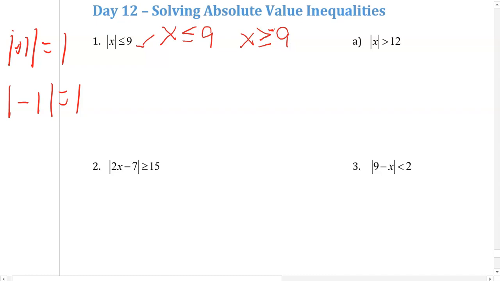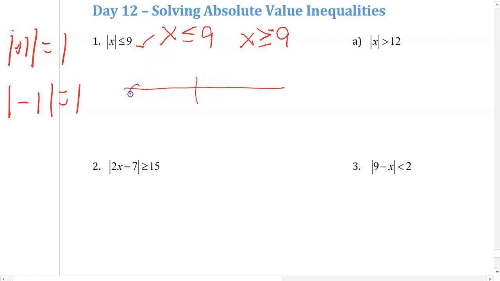So in either case, we want the distance from 0 to be less than 9. That's the entire solution for number 1. Either x is less than or equal to 9, or x is greater than or equal to negative 9.